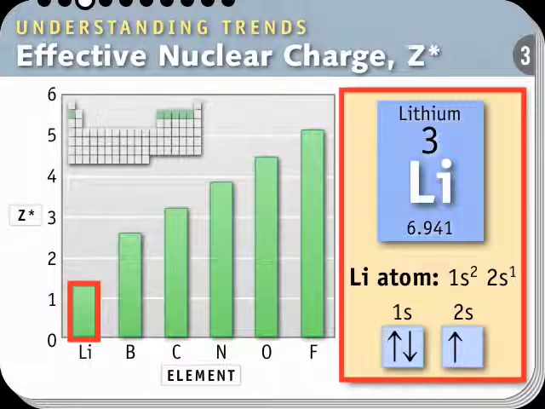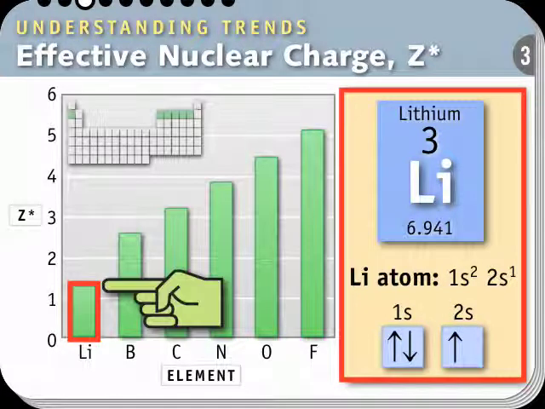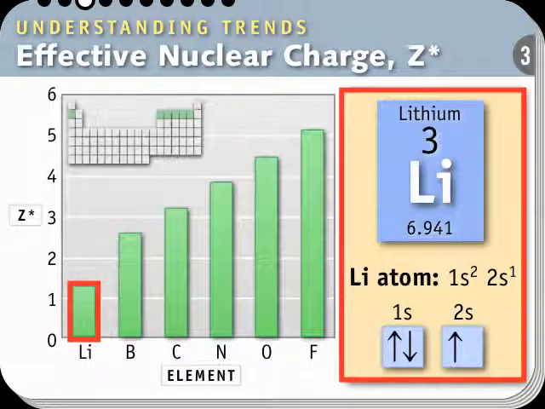The effective nuclear charge experienced by the 2s1 electron is slightly greater than 1. This tells us that the 2 1s electrons do not entirely block or screen the +3 charge of the nucleus. So the charge effectively felt by the 2s1 electron is slightly greater than 1.